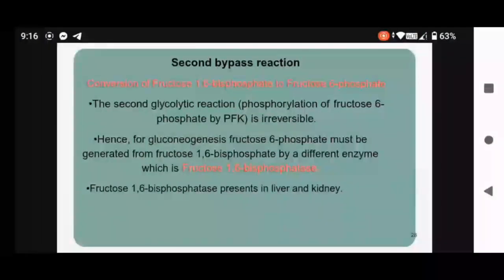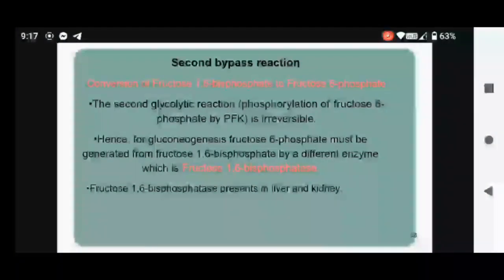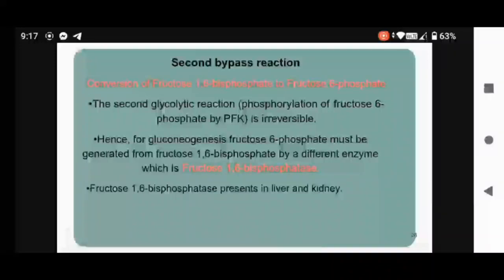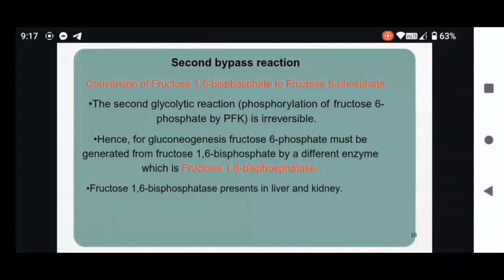The second bypass reaction: conversion of fructose 1,6-bisphosphate to fructose 6-phosphate. The second glycolytic reaction, phosphorylation of fructose 6-phosphate by PFK, is irreversible. Hence, for gluconeogenesis, fructose 6-phosphate must be generated from fructose 1,6-bisphosphate by a different enzyme, which is fructose 1,6-bisphosphatase. Fructose 1,6-bisphosphatase is present in liver and kidney.